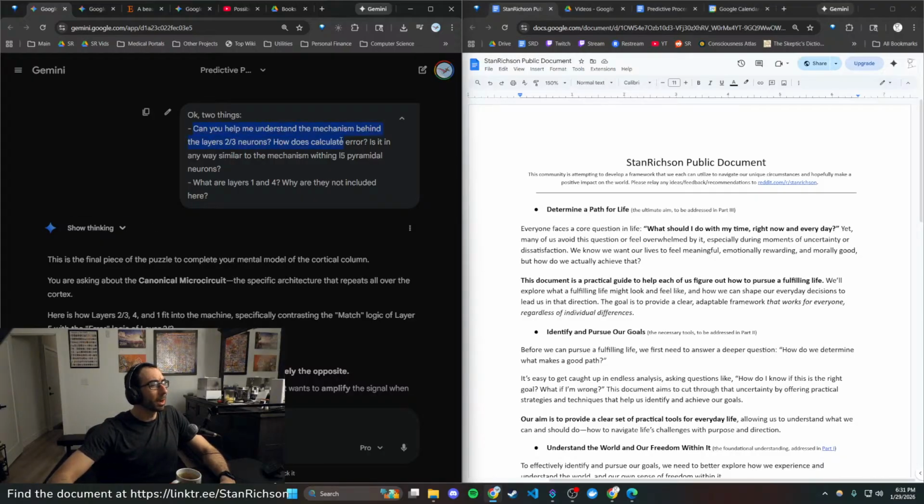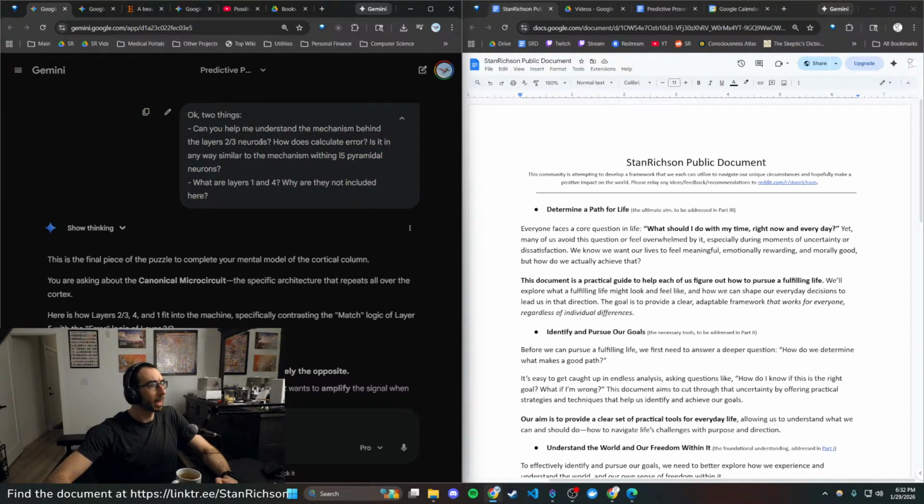Okay, so I was asking, can you help me understand the mechanism behind the layers 2-3 neurons? So we determined that the L5 pyramidal neurons have a mechanism for checking matches. So this is effectively an AND gate.